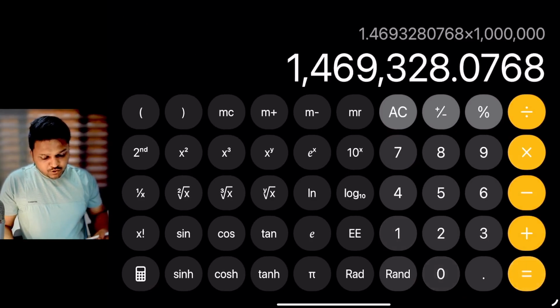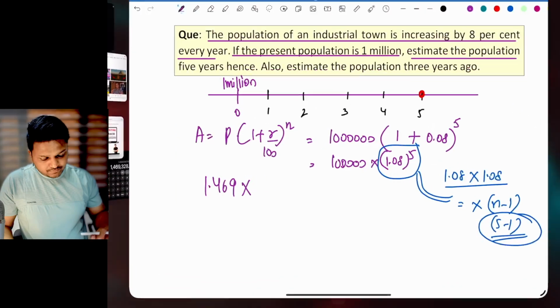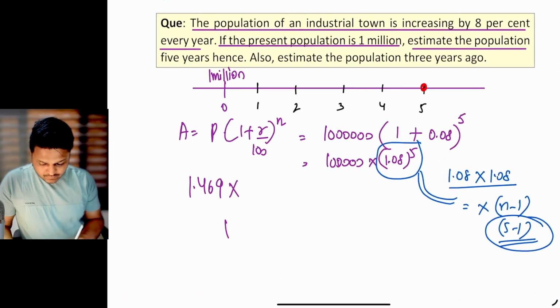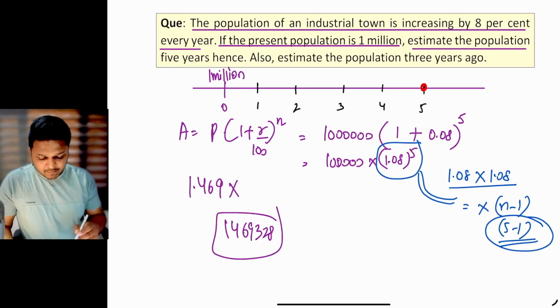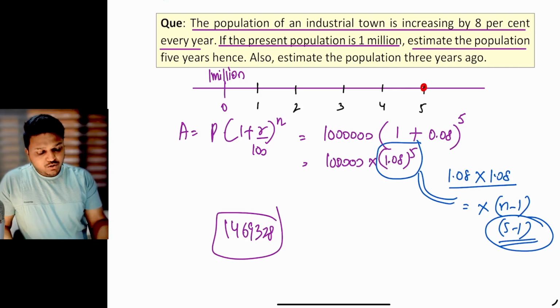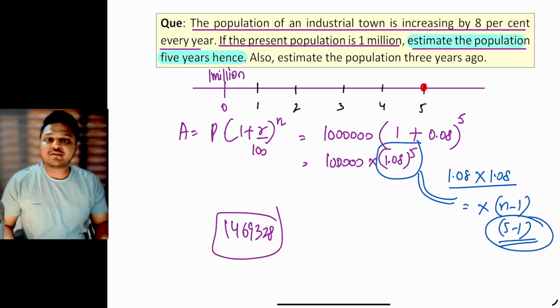That will give us the value 14,69,328. This is the population after 5 years. So that is the answer to the first question, which was to estimate the value 5 years hence.